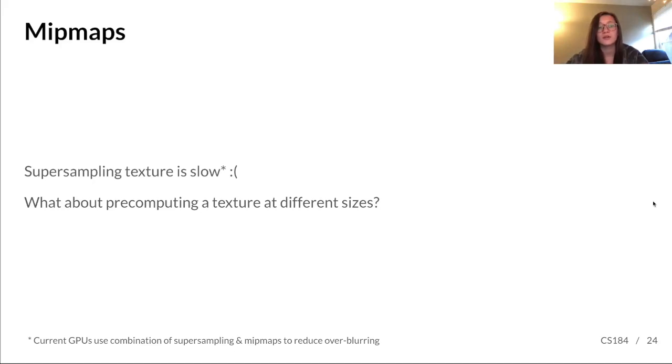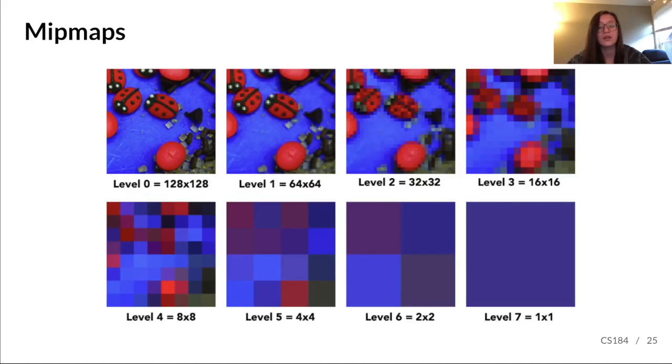We could deal with this aliasing with supersampling as we have before, but supersampling texture is quite slow. So what we do instead is use mipmaps. Essentially, we pre-compute our texture at different sizes, which also corresponds to having different max frequencies.